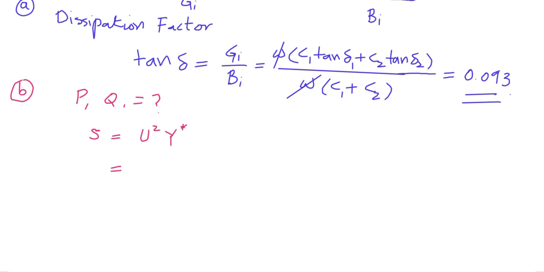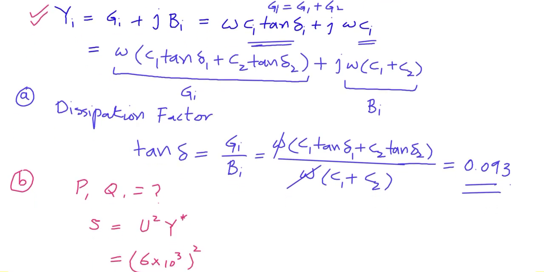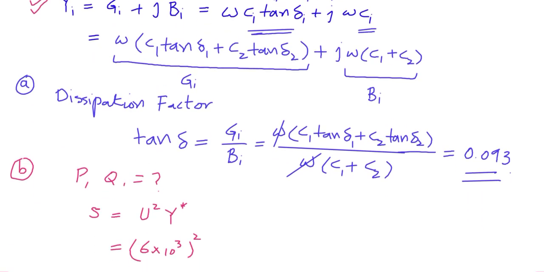So we have 6 times 10 raised to the power 3, whole squared, and we determined the value of Y in part A, so we can use the same values. Conjugate means we invert the sign of our imaginary part.